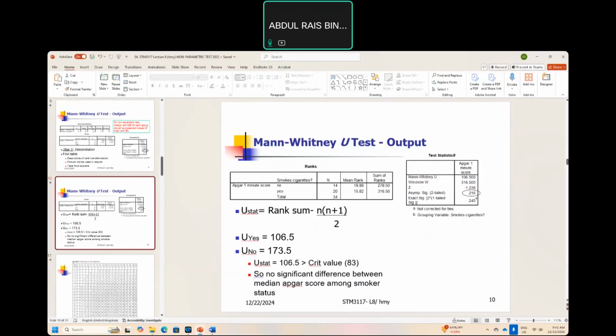The U-stat formula uses this formula: the rank sum minus n(n+1)/2. We get the rank sum through this table, the sum of rank. Here we need to take the no and also the yes.